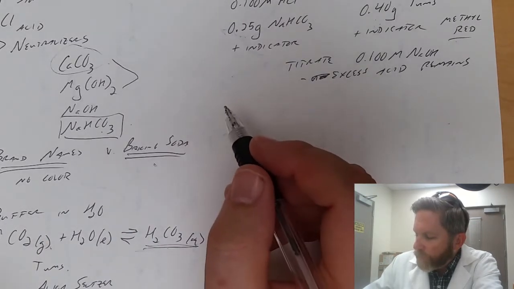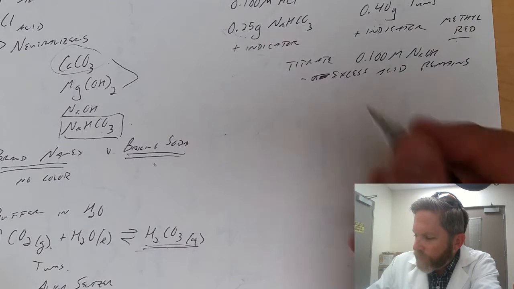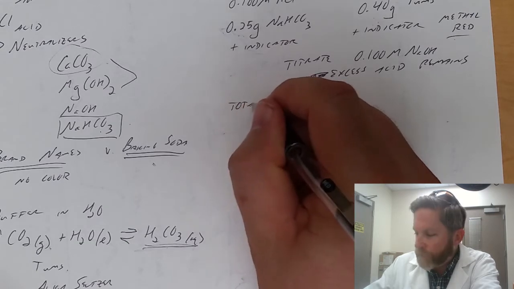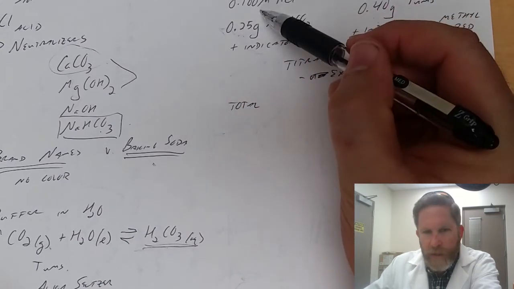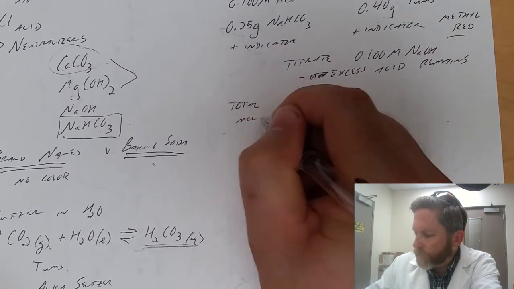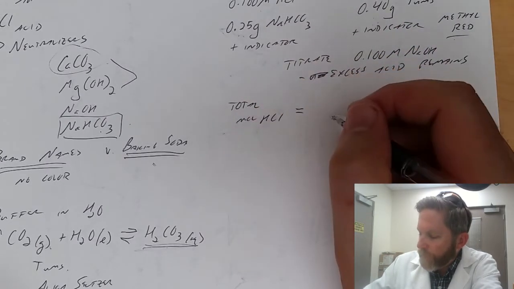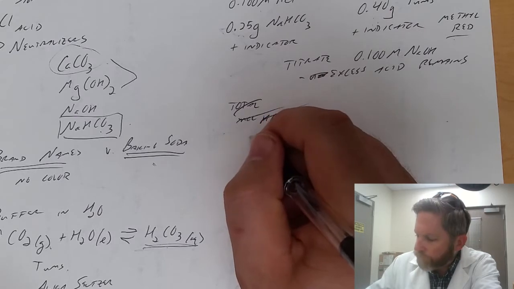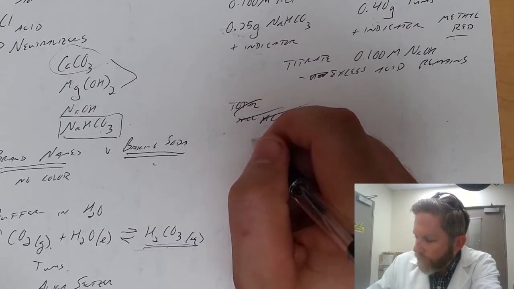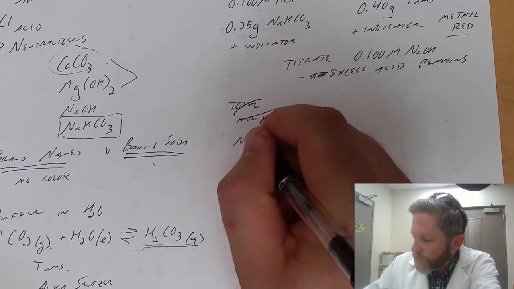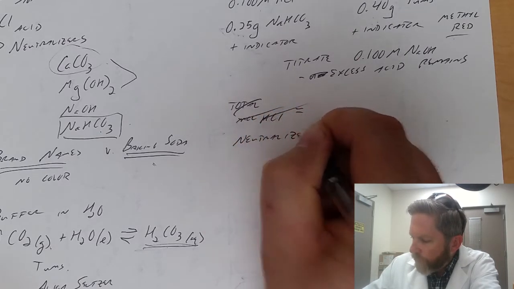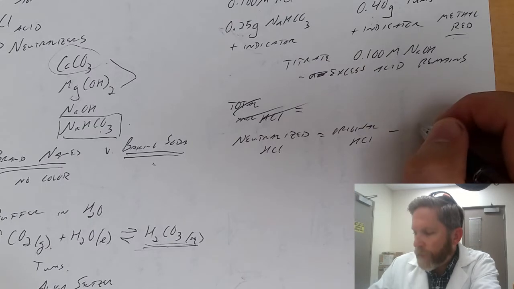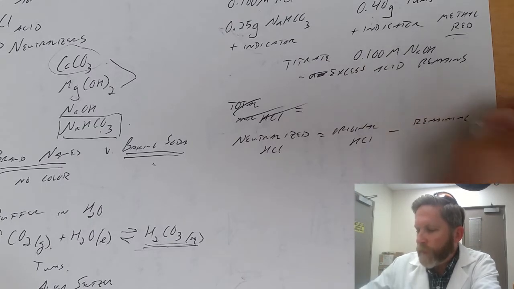Alright, so in order to find out how much acid has been neutralized, the total acid, which we had at the beginning, which we used this volume and this mass to calculate how many moles of HCl, is equal to total minus the neutralized HCl equals the original HCl minus the remaining HCl.